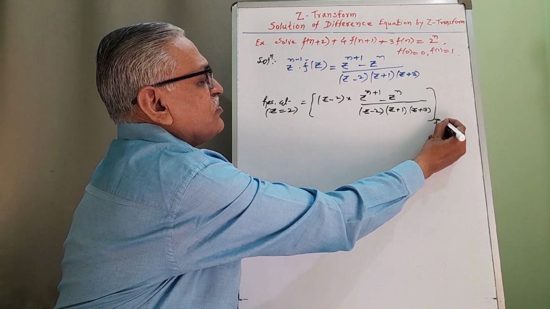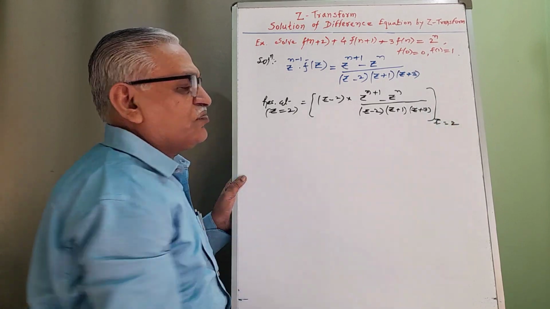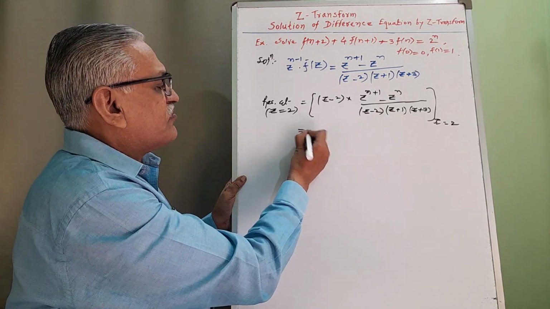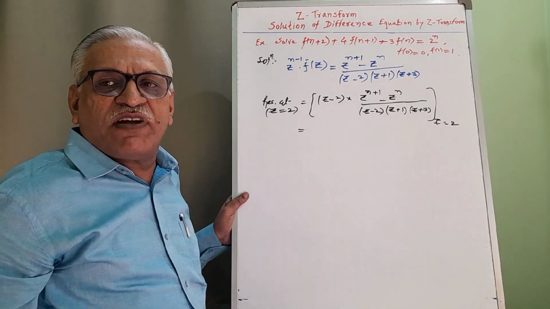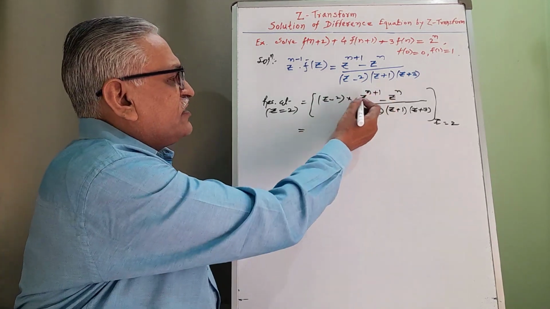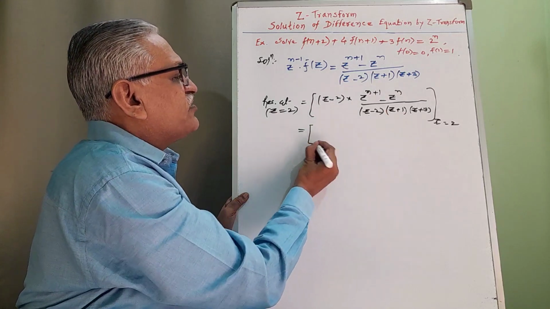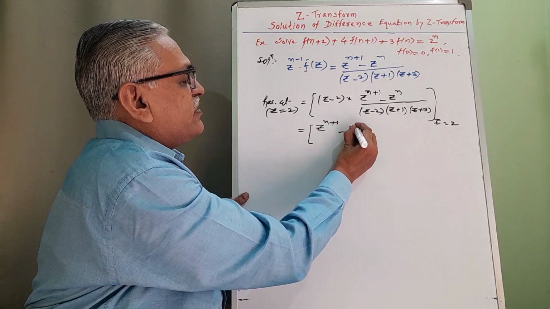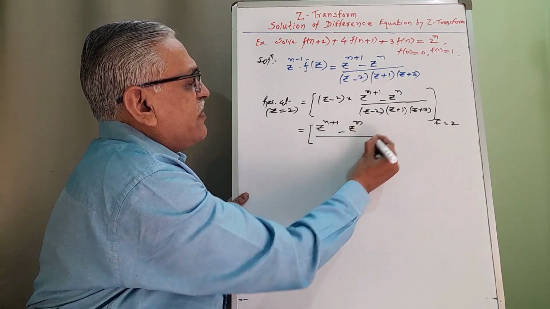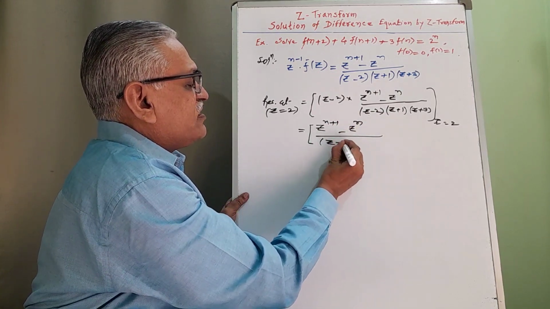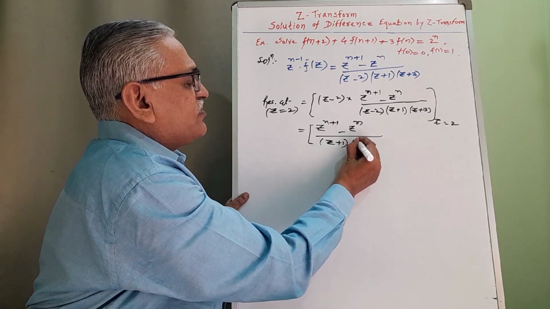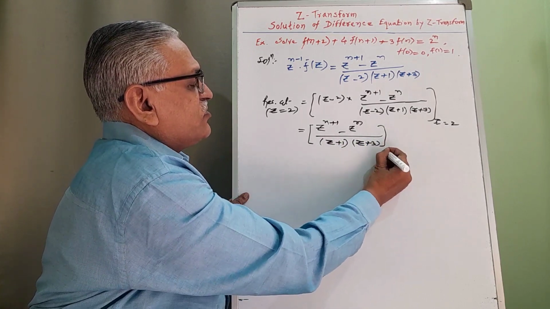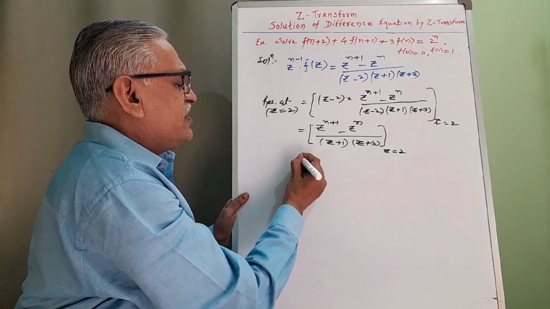At z equals 2, this z minus 2 gets cancelled. We get the remaining terms as z raised to n plus 1 minus z raised to n, whole divided by z plus 1 and z plus 3, at z equals 2.